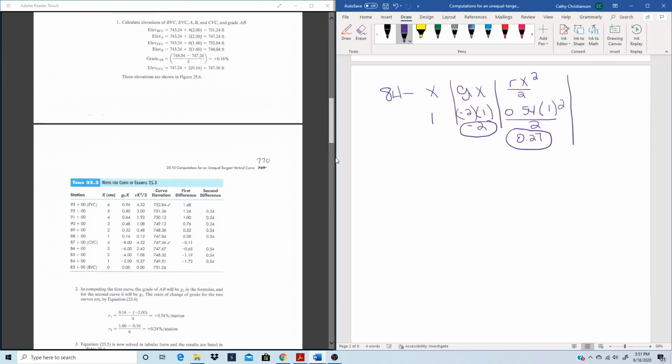And then the last one is your curve elevation. So remember the formula that we use, which is equation 25.5, which is y, the elevation of any point on the curve, equals the elevation at your beginning vertical curve plus g1 times x plus rx squared.